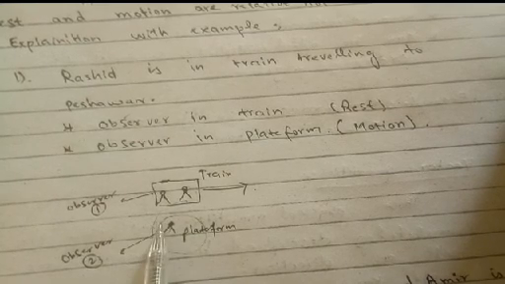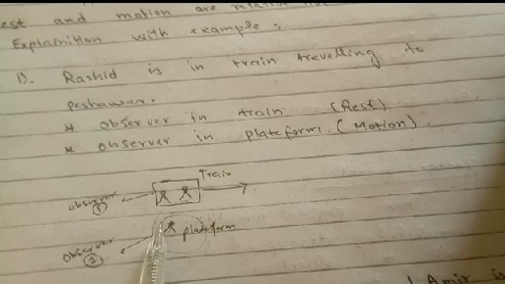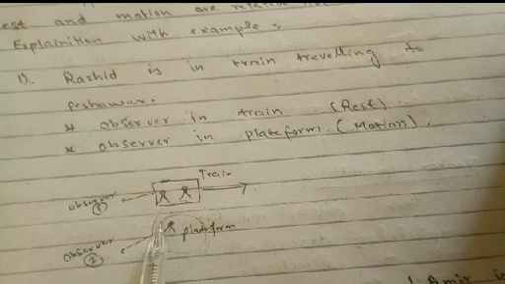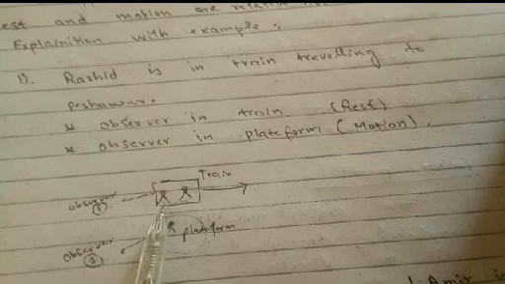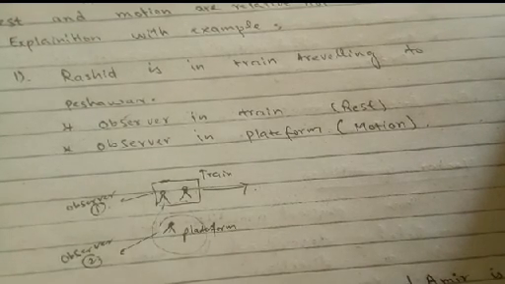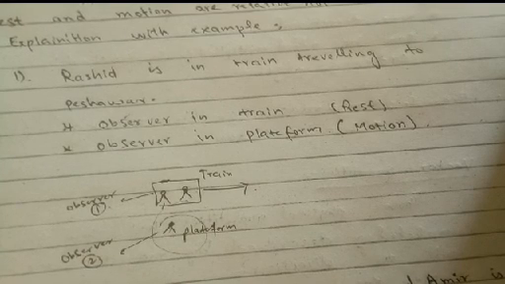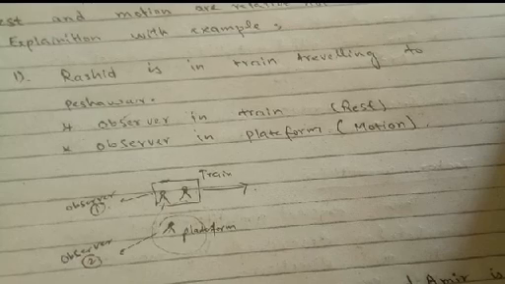Observer 2 gave the observation that Rashid is in motion, and observer 1 said that Rashid is at rest. So Rashid could have a state of rest or motion, depending upon which observer you have chosen. These terms depend upon the observer. That's why we say that rest and motion are relative, not absolute terms.